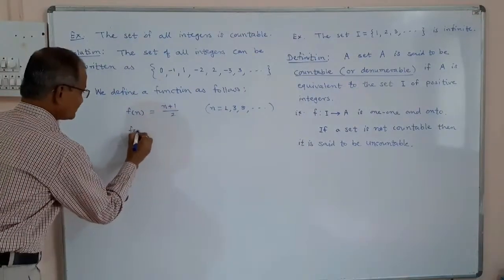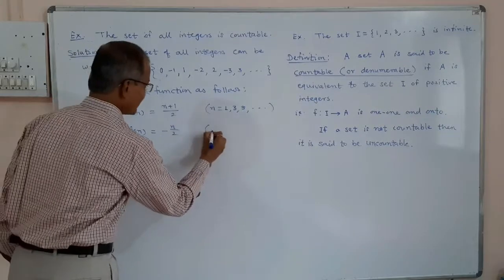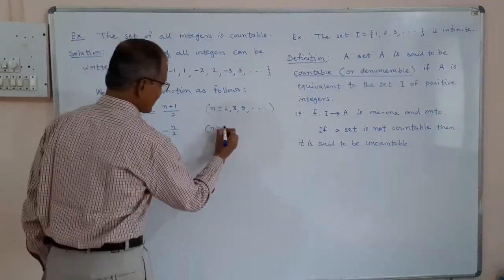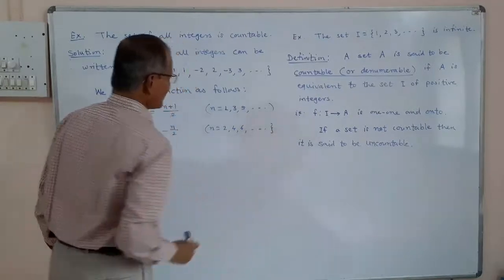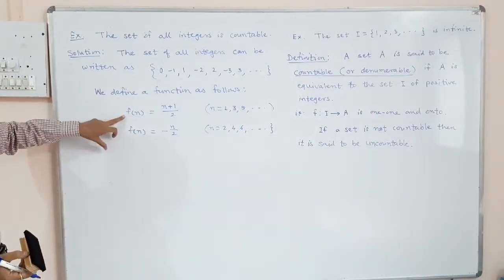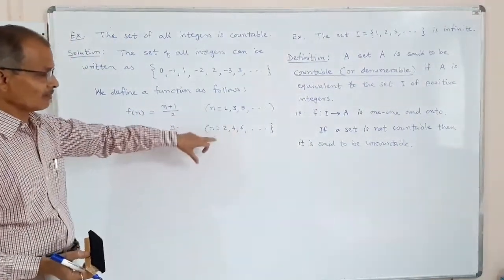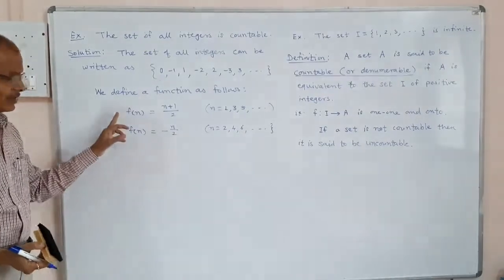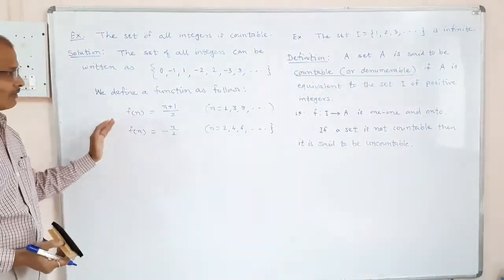And f(n) is equal to minus n by 2, where n takes even values: 2, 4, 6, etc. So we may see this f is a function whose domain is the set of all positive integers. And this function is obviously one-to-one and onto.